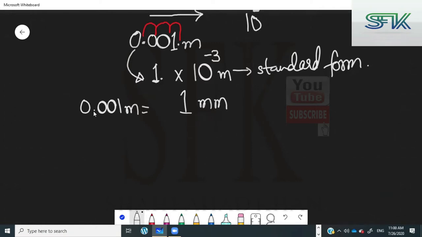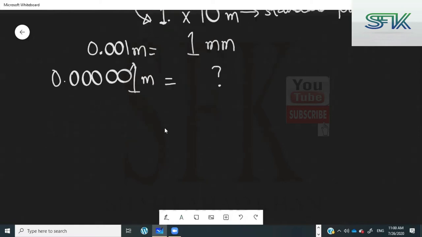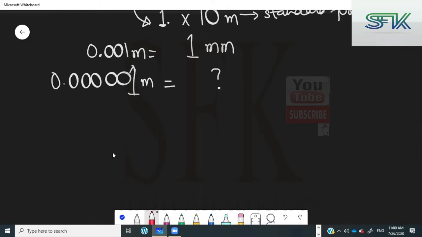Now similarly we can have a smaller number. For example, 0.000001 meters. Let's try figuring this out. Let's move this decimal so that it comes to the right hand end of the 1. 1, 2, 3, 4, 5, and 6.